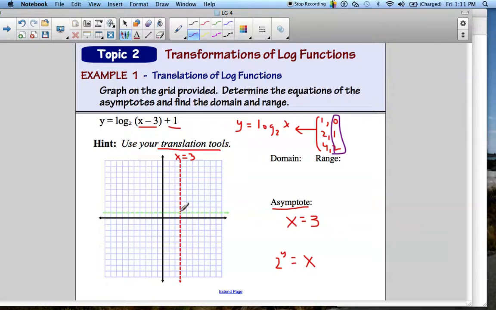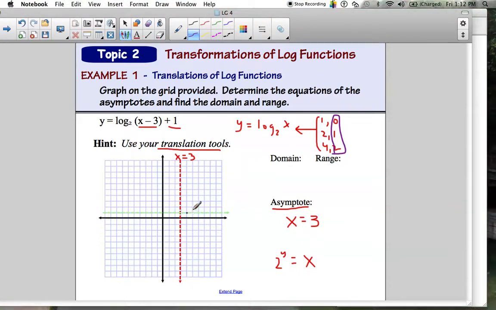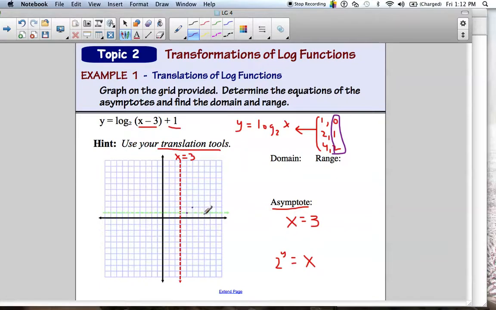So we go, oh, remember this is our origin now. We're not here, we're right here because of our transformation. Okay, so I go 1 over 0, put a dot, 2 over 1 up, 4 over 2 up, and remember this is an asymptote right here, so we know it's hugging it, and it comes right through those points and then sort of scoops away.